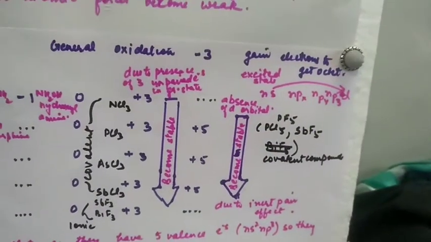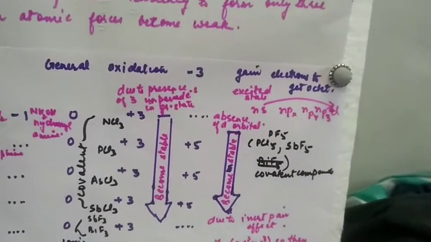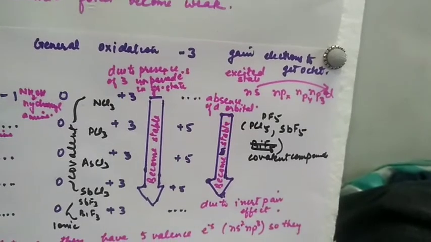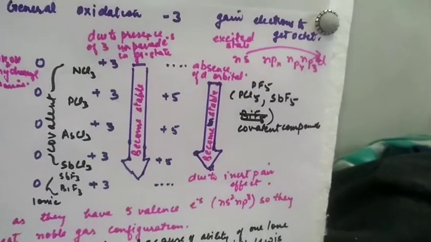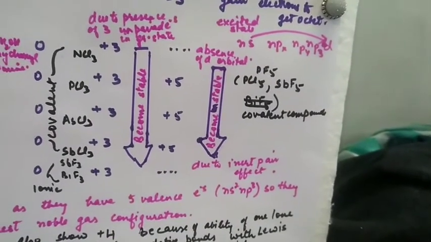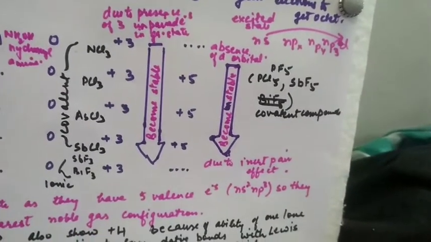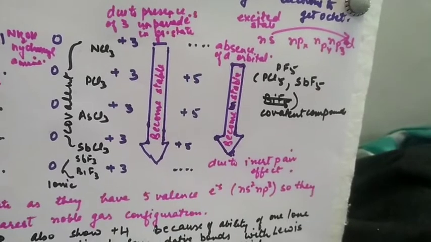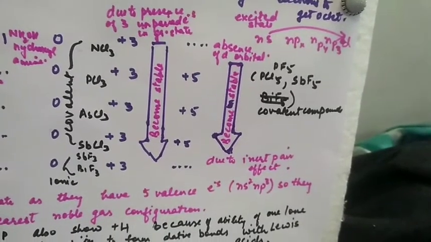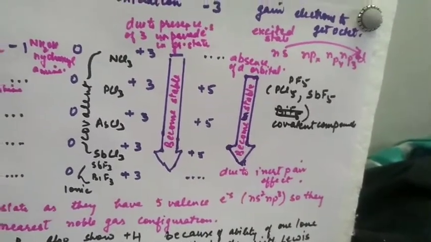Then +5 oxidation state is not shown by nitrogen because of absence of d orbitals, and it is also not shown by bismuth because of the inert pair effect. As we move from top to bottom, the stability of +5 oxidation state decreases.